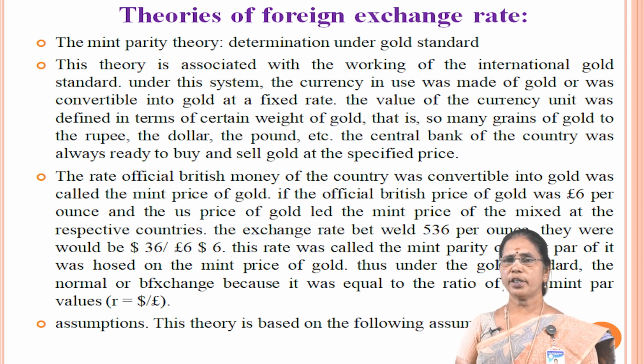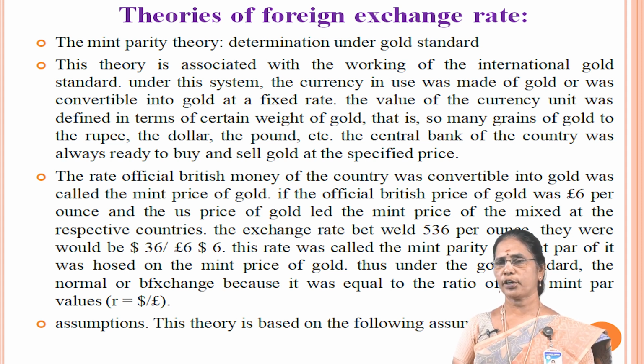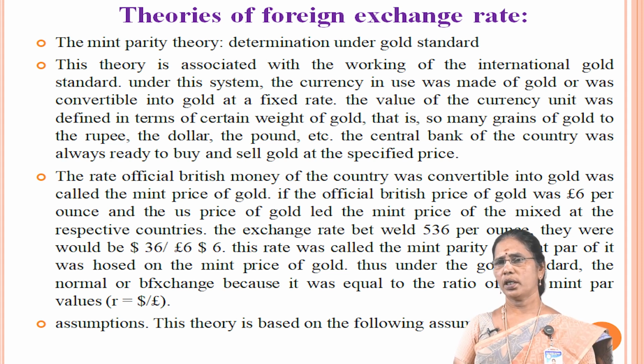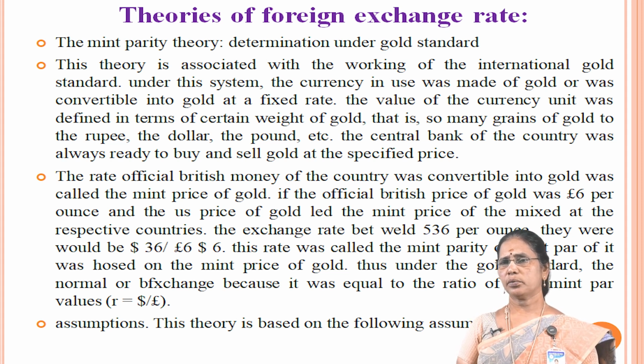If the official British price of gold was £6 per ounce and the US price of gold was $36 per ounce, the exchange rate between them would be $36 and £6, that is, 6 dollars per pound.